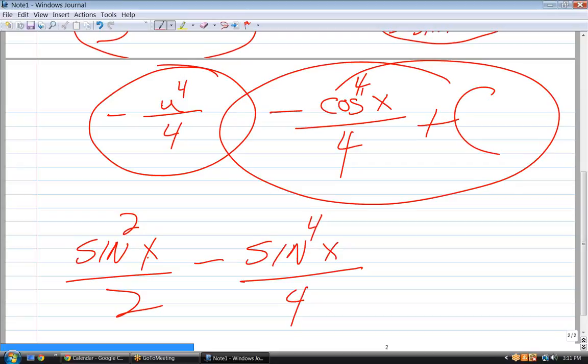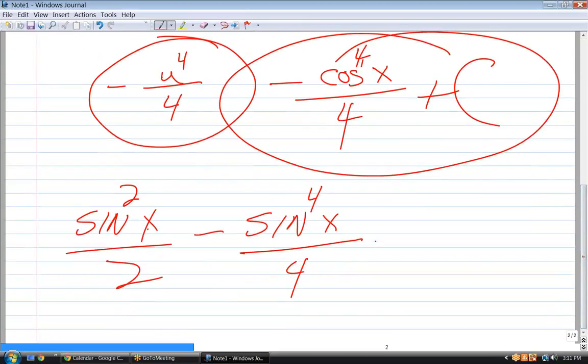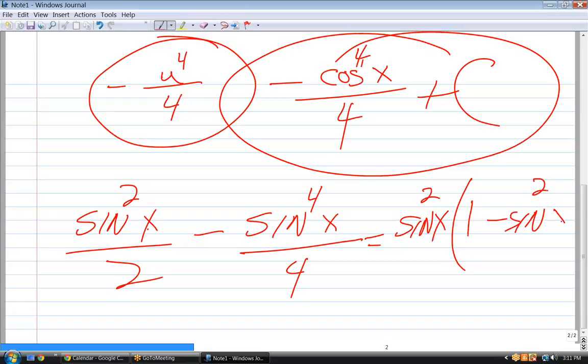Yeah. Okay, let's factor that. I'm going to take out a sine squared x. What am I leaving behind? 1 minus sine squared x.